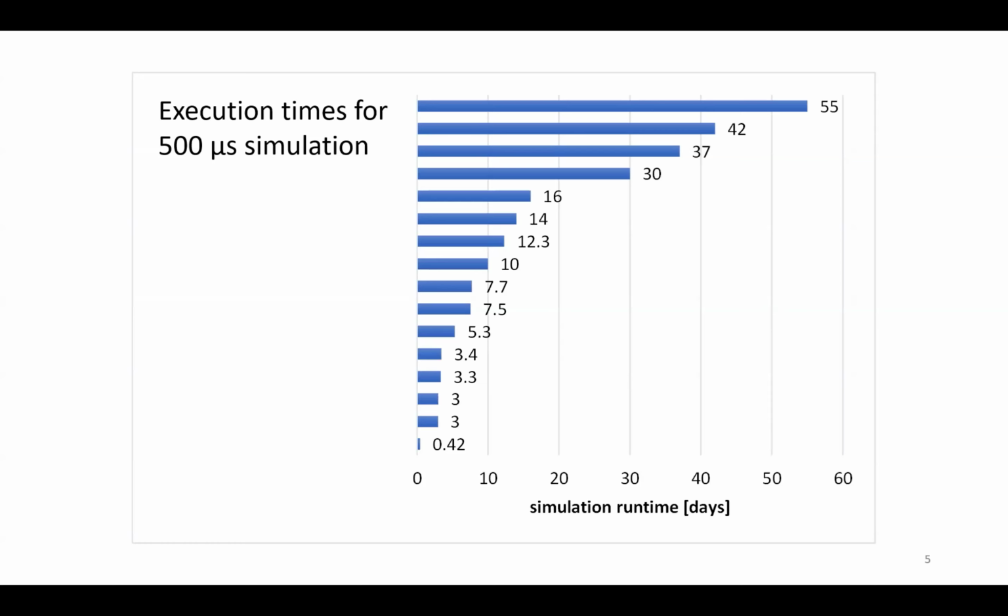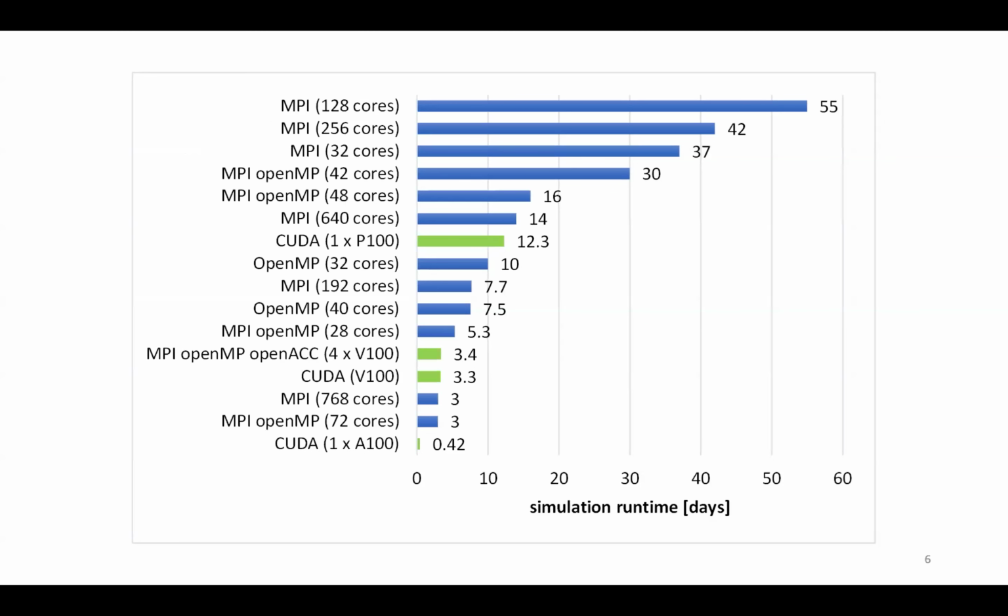We want to speed up the simulation. Okay, so these are the different times from the different programs, and you can see that some of them are actually pretty good, 3 days, and one is actually very short, just 10 hours. So let's see what technologies they use. Most of it is legacy code using MPI clusters, large systems, and you can see some of them have a very, very high number of cores, and still they don't really produce good execution times.